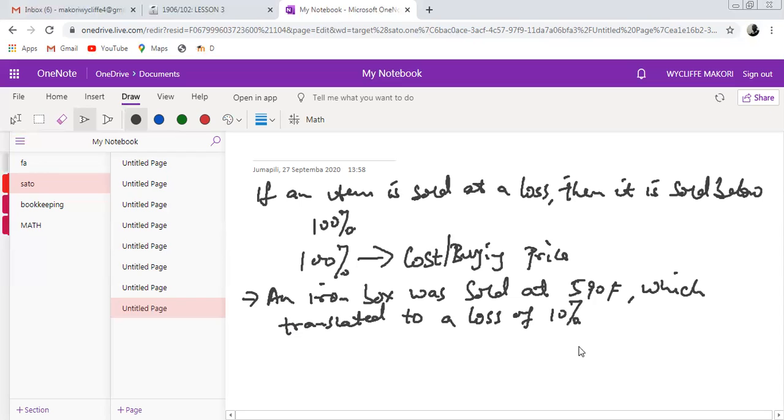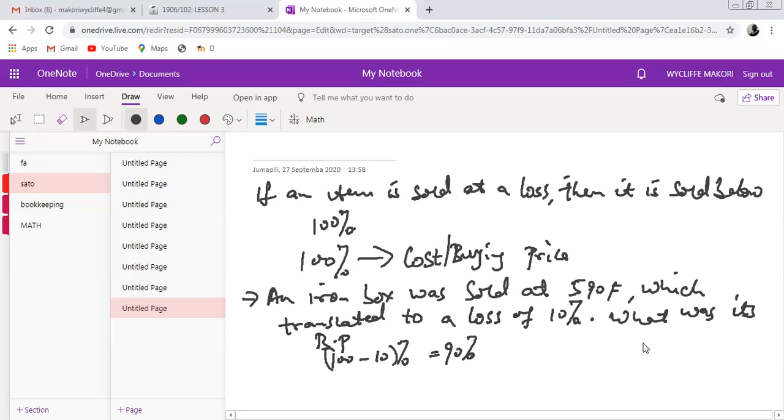It was sold at 590, and by selling at that price, a loss of 10% was incurred. What was its buying price? If it was a loss of 10%, then it was sold at 100 minus 10, and all this is in percentage, so it was sold at 90%.